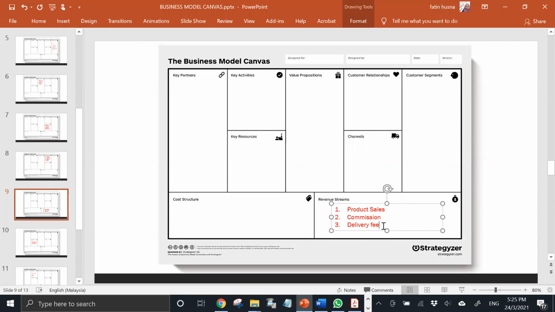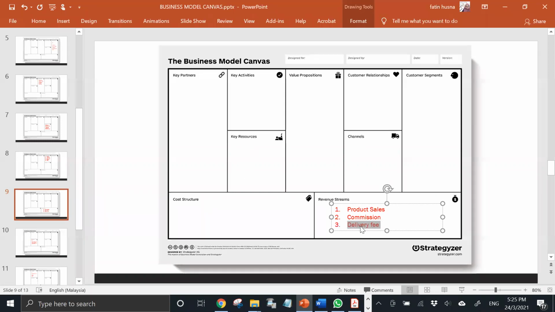If the delivery fee is borne by you, for example, you are selling scarf, you say that delivery fee is included, then the cost structure will be under here. The delivery fee will be under cost structure. So there is a difference between these two, delivery fee.